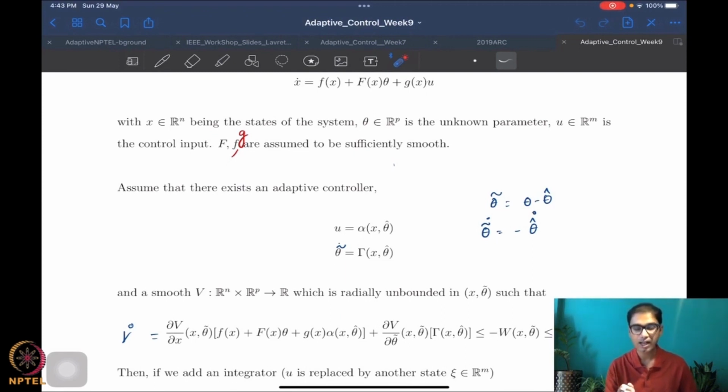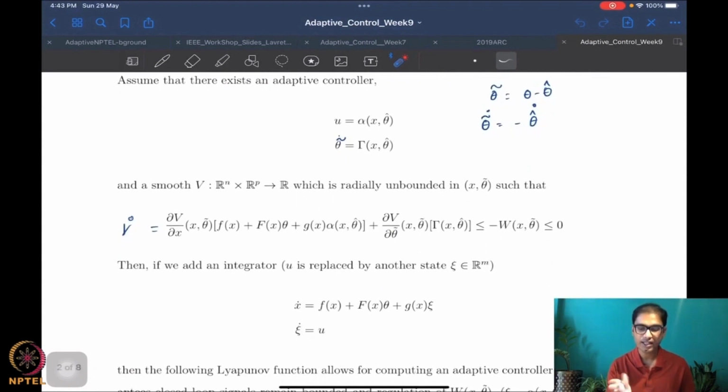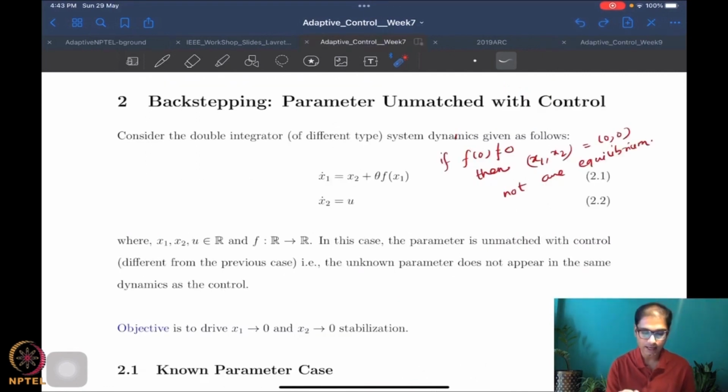This is codified in terms of the existence of a smooth function v, in this case of x and theta tilde, such that its derivative is negative semi-definite at least. And from this negative semi-definiteness we can conclude, more often than not, that this function w of x and theta tilde, which is what you have on the right hand side, goes to 0 as t goes to infinity, right?